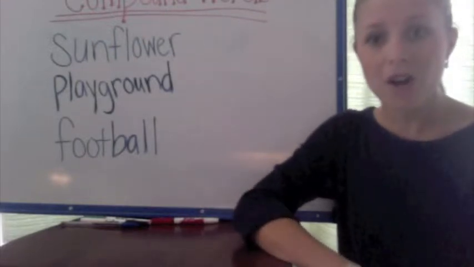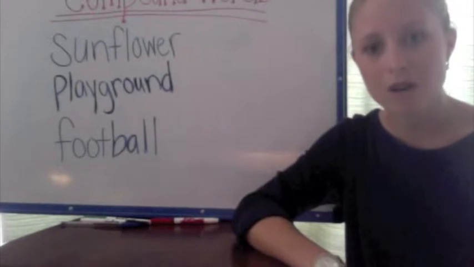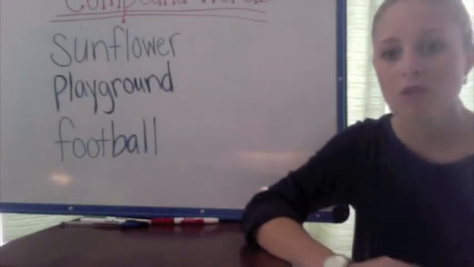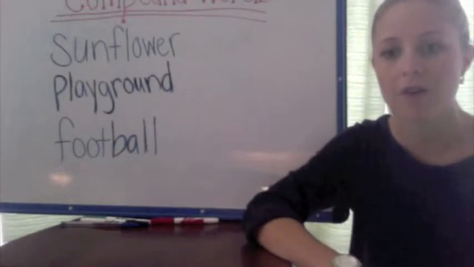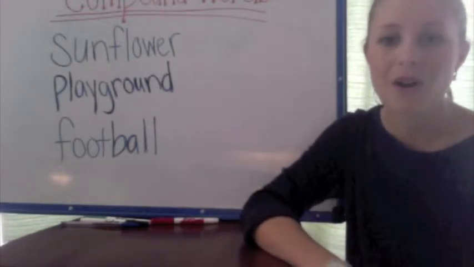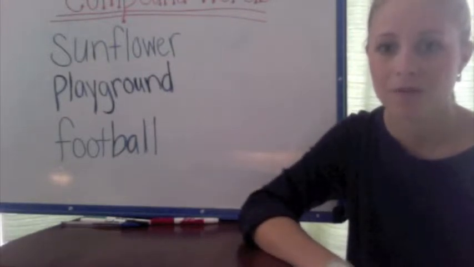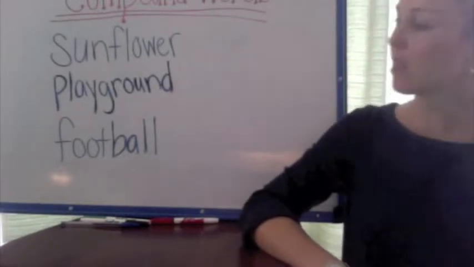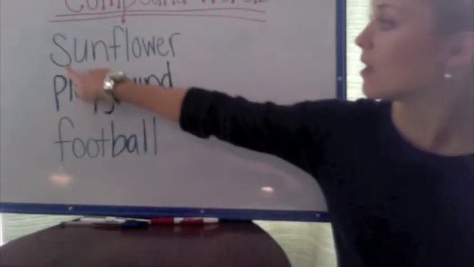That's right. They're all made up of two smaller words. When we have a word that is made up of two smaller words put together to make one big word, it's called a compound word. Everyone say that with me. Compound word. Let's take a closer look.